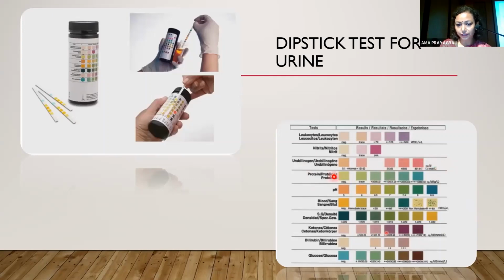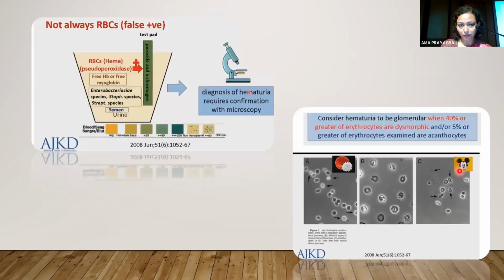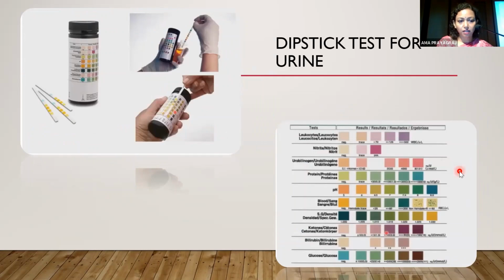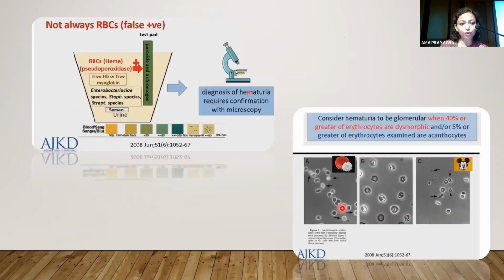And we have a range of color changing from yellow to green. The other important thing that has to be kept in mind while reading the dipsticks is the blood component. The dipstick test for blood can give you false positive tests with free hemoglobin or free myoglobin.